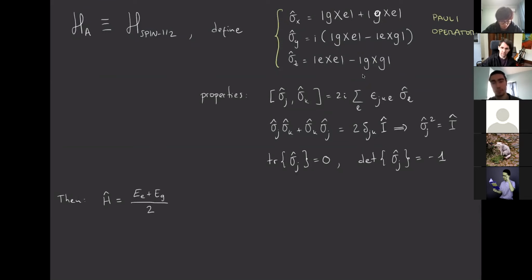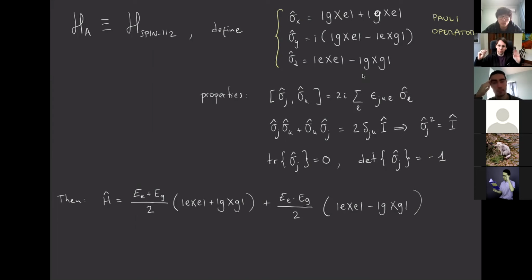So the average energy or mid energy times excited plus ground, plus, and now the energy difference times excited minus ground.